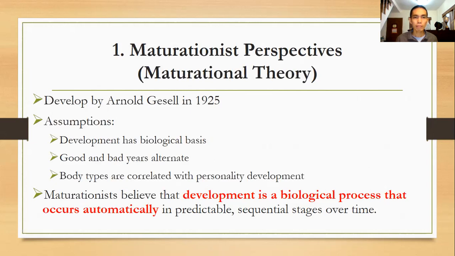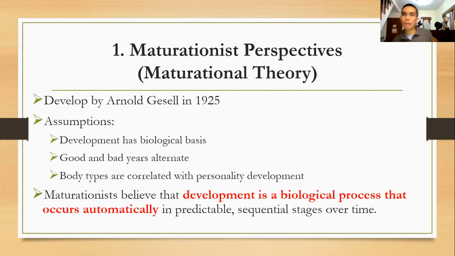Development has a biological basis, good and bad years alternate, and body types are correlated with personality development. Maturationists believe that development is a biological process that occurs automatically in predictable, sequential stages over time.